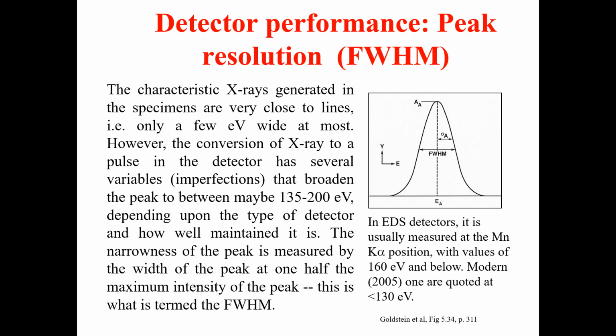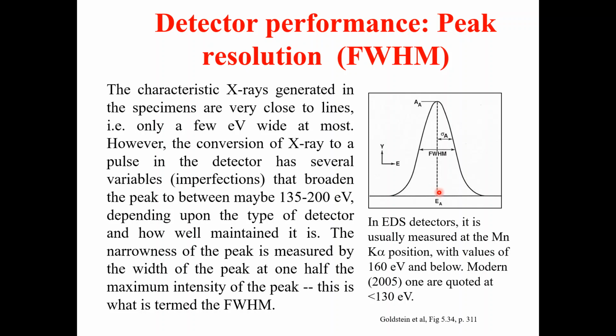The characteristic X-ray generated in the specimen is very close to a line, only a few electron volts wide at most. However, the conversion of the X-ray to a pulse in the detector has several variables, that is imperfections, that broaden the peak to between maybe 135 to 200 electron volts, depending upon the type of the detector and how well maintained it is.